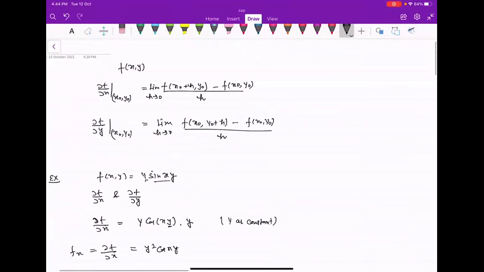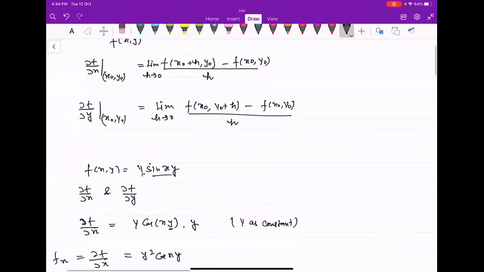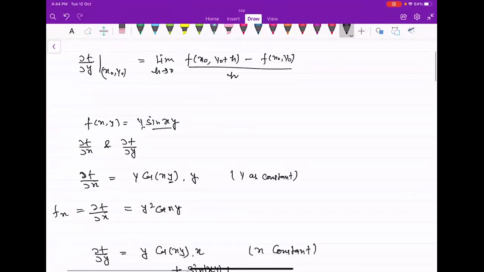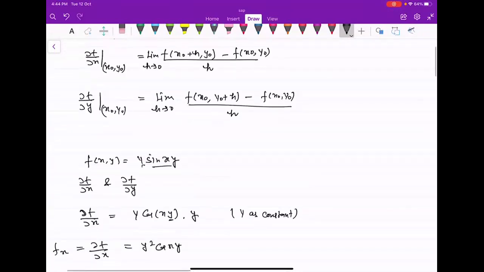Generally, if it is a polynomial or a trigonometric function, those are differentiable, and we can directly differentiate. Like here, the function was y sin xy, and you differentiate it, then it's easy. We do not have to use the definition. But whenever you have a limiting case, or it is asked to compute the limit of the partial derivative, then we have to use the definition.